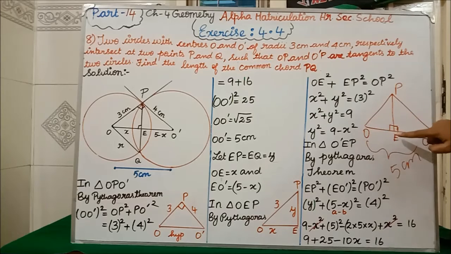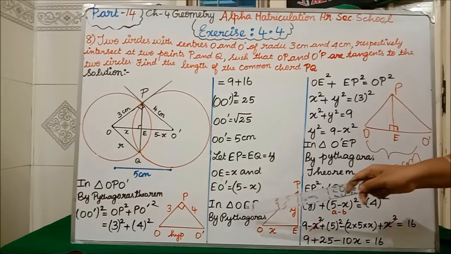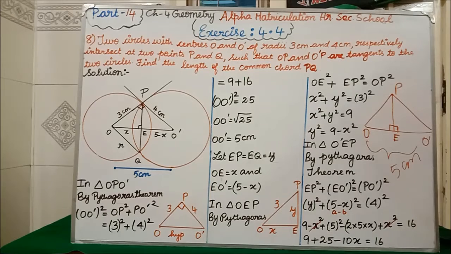Then we take O dash EP. First we take this full triangle, with that we can find the length O dash, then afterwards you have to take triangle OEP, then afterwards triangle O dash EP. In all the triangles you have to apply only the Pythagoras theorem.